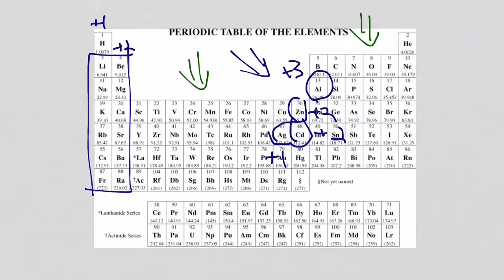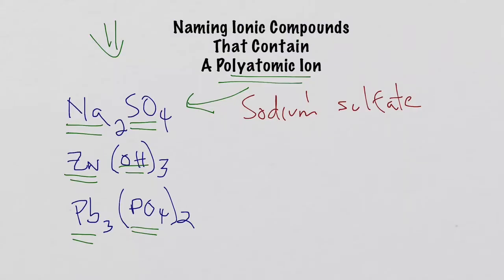Zinc, while it's not in group 1 or group 2, is over here. It only gives up the same number of electrons, so I don't need the Roman numeral, just zinc. And I have a polyatomic ion, I know that because I have a metal first and then more than one non-metal. And this is hydroxide. So this is zinc hydroxide.